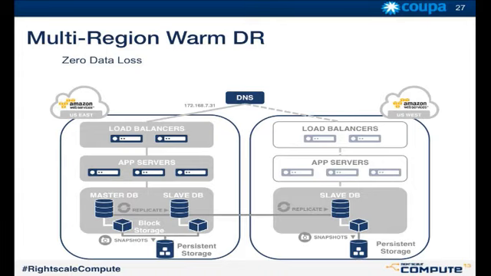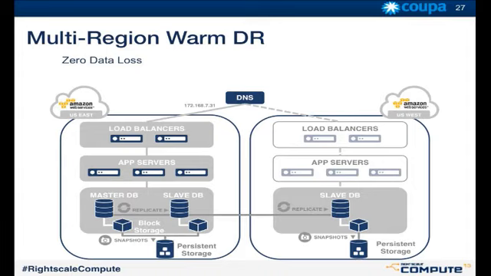What we do there is we run MySQL in a master slave configuration in one region, and we have an additional slave database that runs in a second region that's completely in sync with the master.